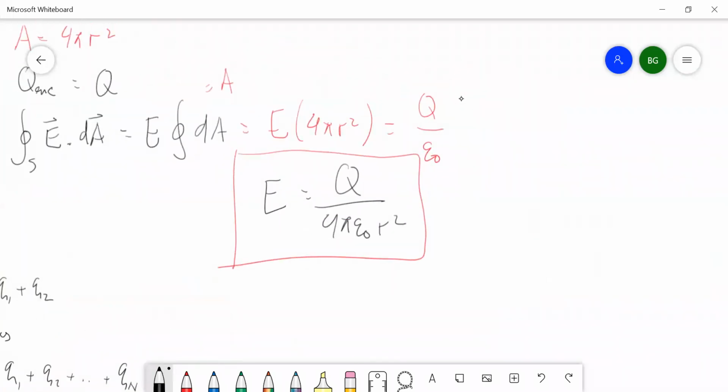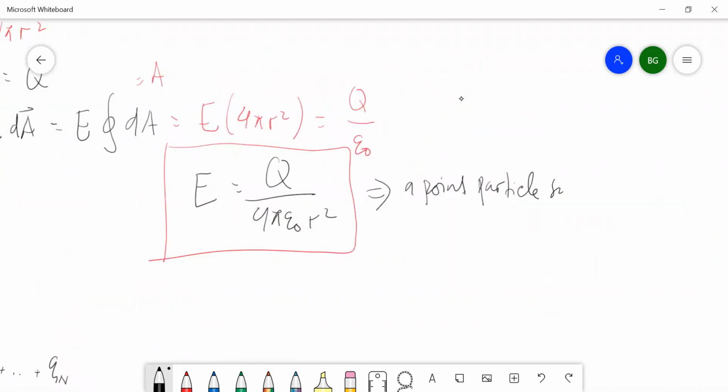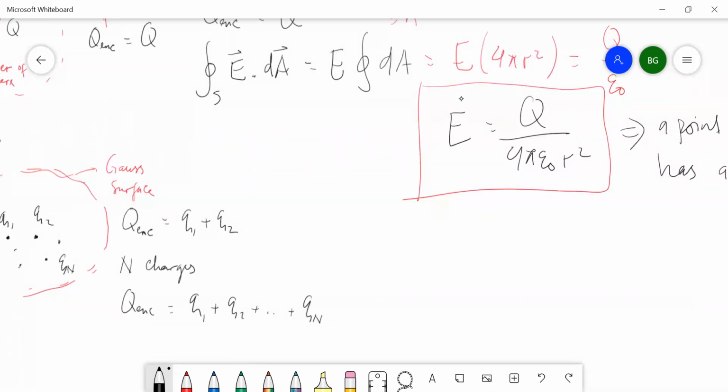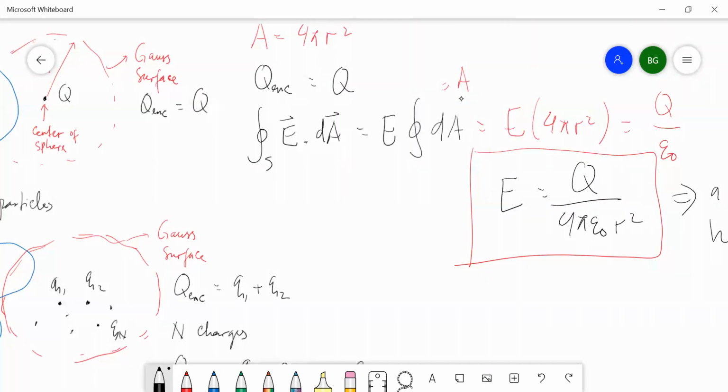It means that a point particle system has a spherical symmetry. It doesn't depend on theta or phi, something like that.